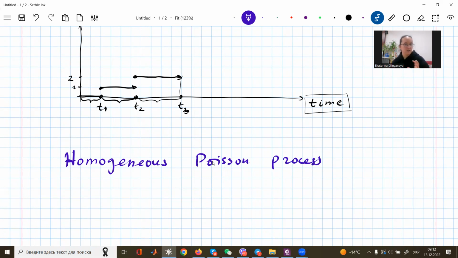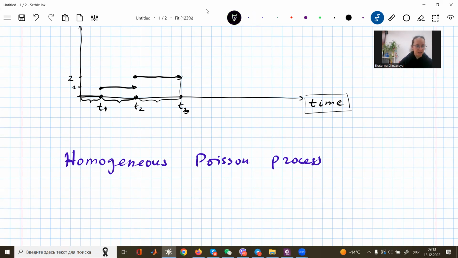This means that the distribution of such a point process does not depend on shift, and this is just an intuitive explanation.